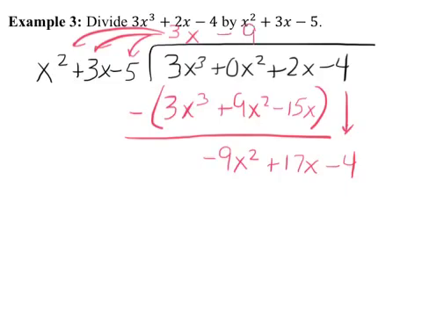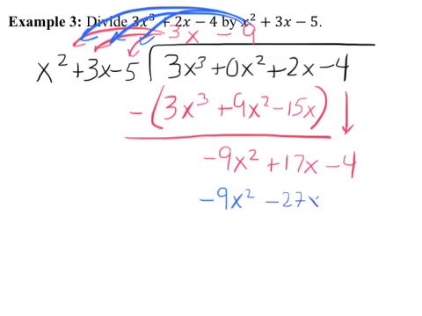And then we're going to distribute that negative 9 to all three of these terms, listing them below here. So negative 9 times x squared is negative 9x squared. Then we have the negative 9 times positive 3x is going to give me negative 27x. Then we have negative 9 times negative 5, and that is simply going to give me a positive 45.